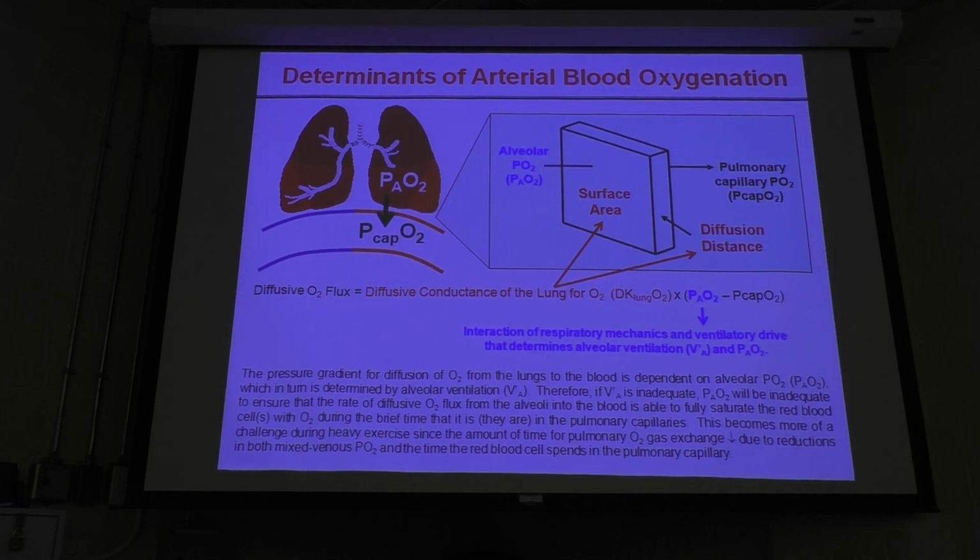So this becomes increasingly more important and a challenge during heavy exercise, since the amount of time for pulmonary oxygen gas exchange progressively decreases due to reductions in both mixed venous PO2 as well as the time the red blood cell spends in the pulmonary capillaries. So with increasing cardiac output, you get more rapid, so shorter, transit times of the red blood cell through the pulmonary capillaries, so they don't spend as much time at that lung-blood interface.